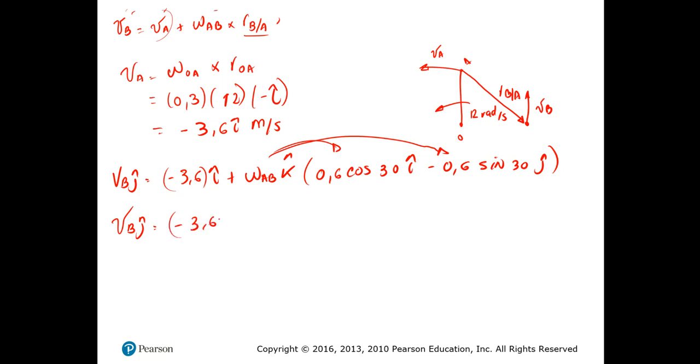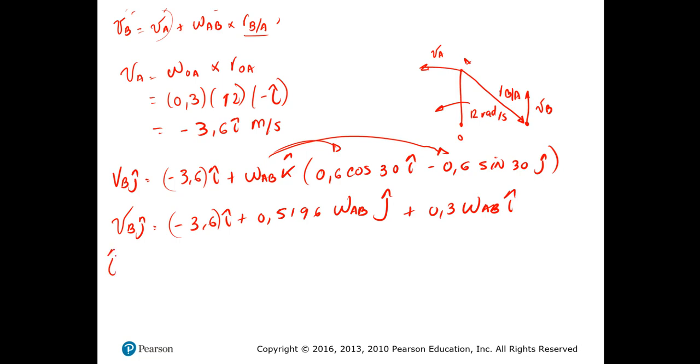Minus 3.6 in the i direction, and then the first item will be plus 0.5196 omega_AB in the j direction, plus 0.3 omega_AB in the i direction. The only thing left is to compare i's with i's and j's with j's, so we get an equation for each component.